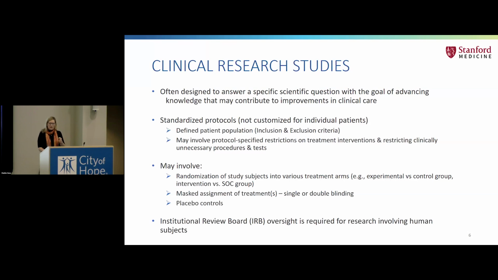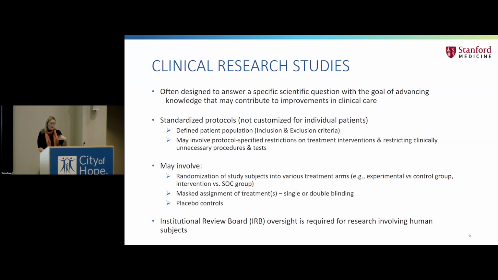But because there are some unknown risks of participating in research, as well as potentially more than minimal risks, a number of different ethical frameworks and regulations have been developed over the years to try to protect the participants involved in clinical research. And we'll talk a little bit about that on the next slide.